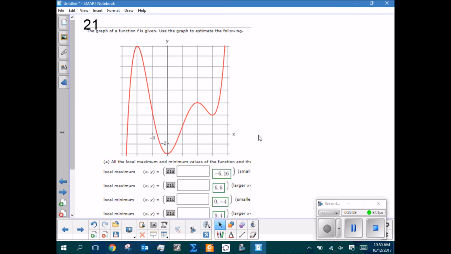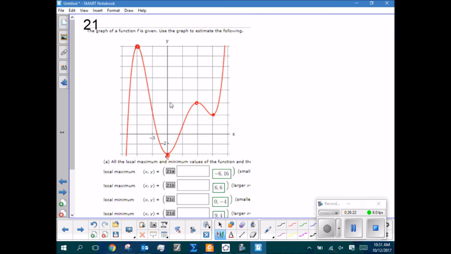21, same concept. I'm just going to look at that point, that point, that point, and that point. My eyes are drawn there because those are troughs or valleys, however you want to refer to them, and then you've got your peaks as well. So a trough or a valley here, a trough or a valley there, peak, peak.